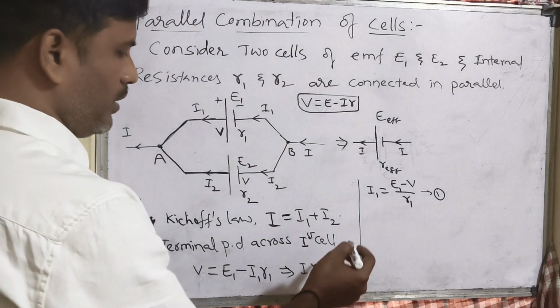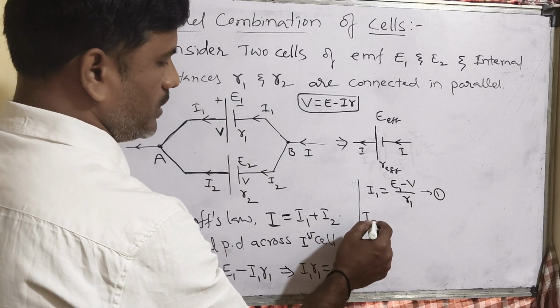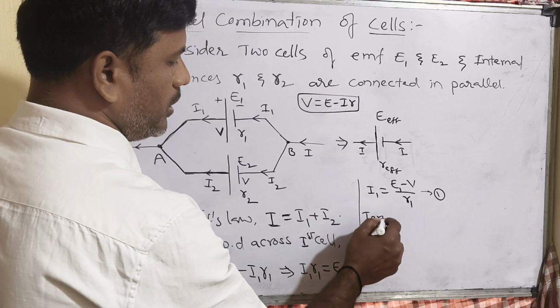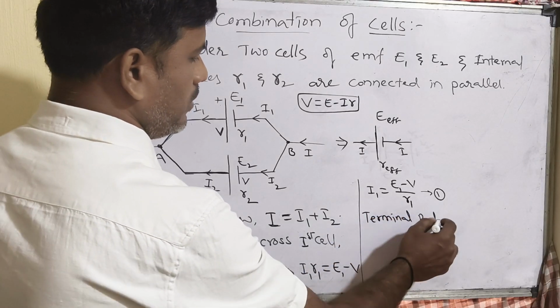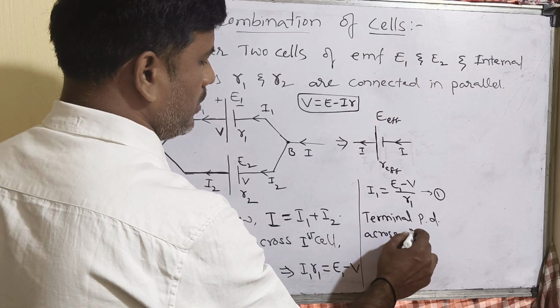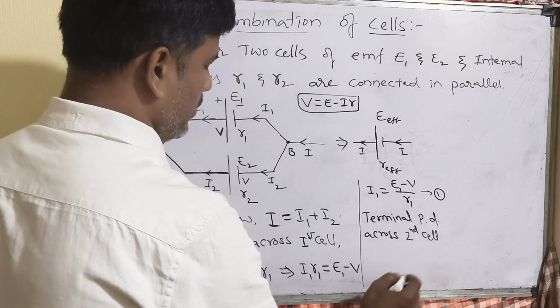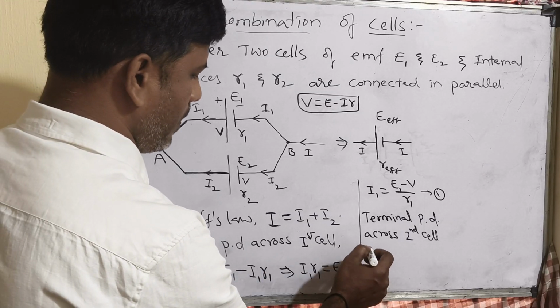Understood? Right. So similarly, the terminal potential difference across the second cell. The same formula applies here. So what will come?